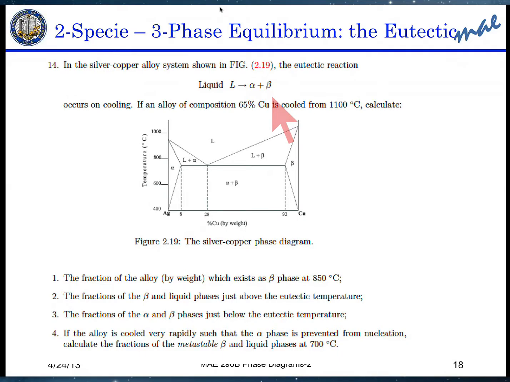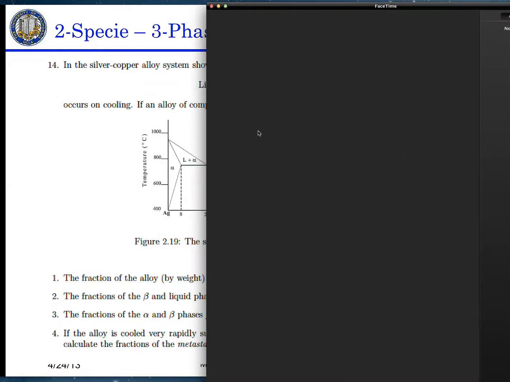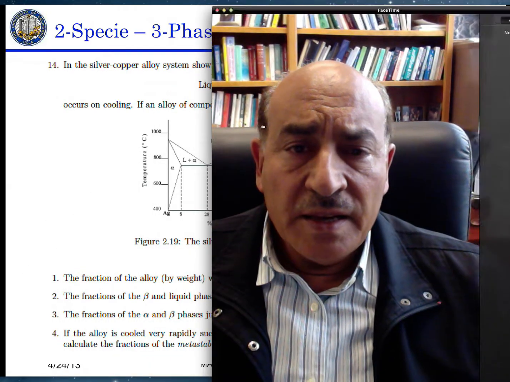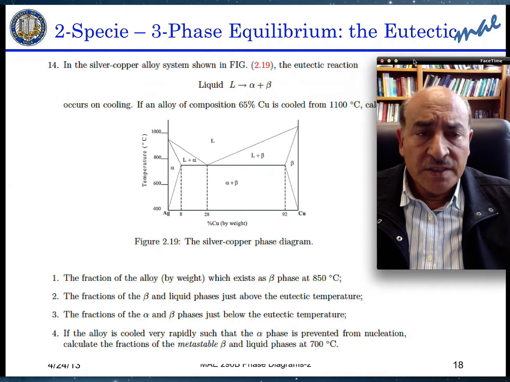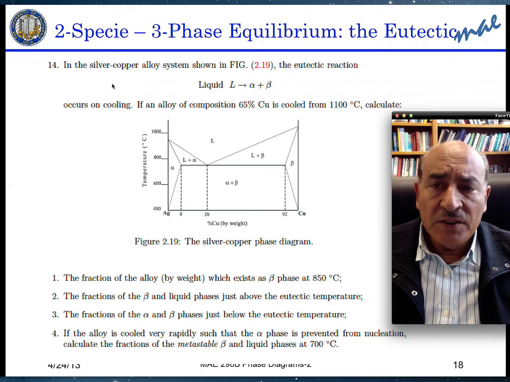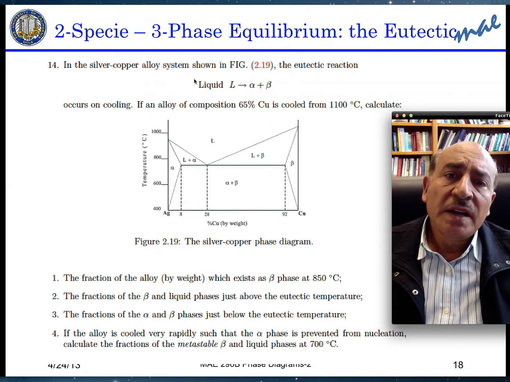In this example that we have here on the board, we have an alloy of silver and copper, and it goes from the liquid to the alpha and beta phase.